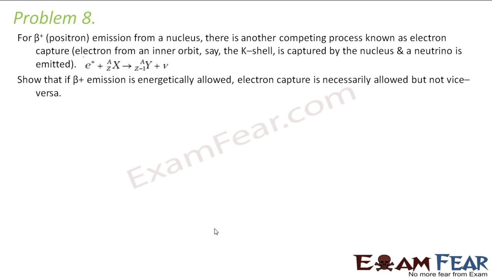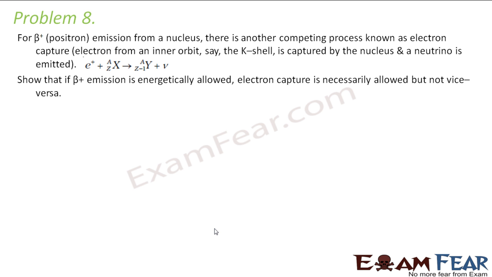Let us look at the last problem of this lesson. The problem says for a positron emission from a nucleus, there is another competing process known as electron capture, where an electron from an inner orbit, say the K shell, is captured by the nucleus and a neutrino is emitted. So very similar to beta plus decay, there is another process known as electron capture, wherein the nucleus will try to capture an electron from one of the innermost orbits.